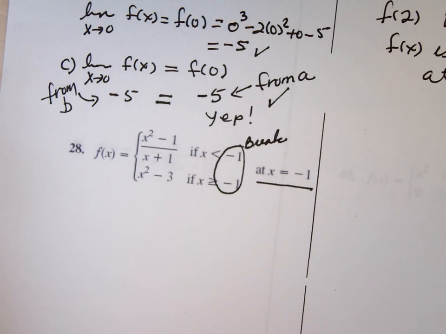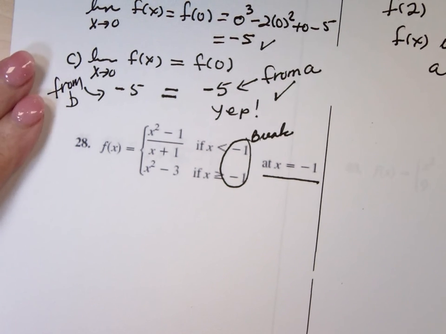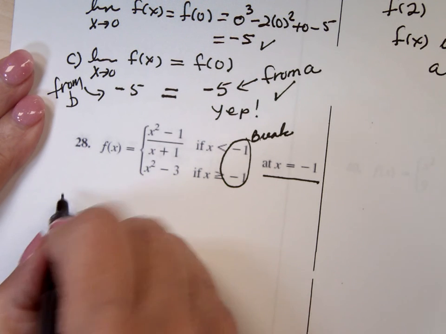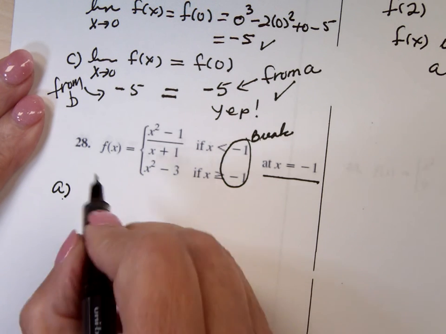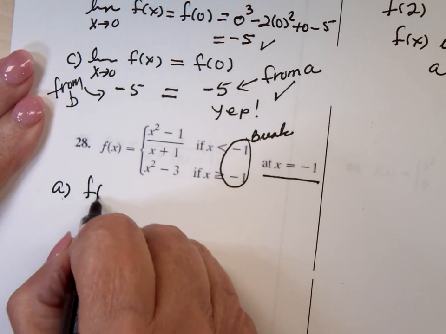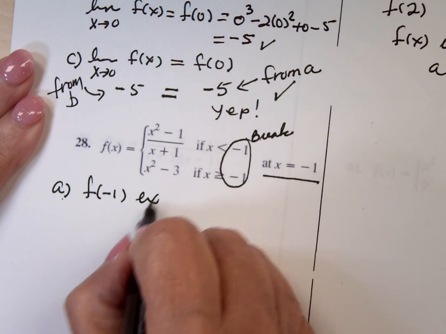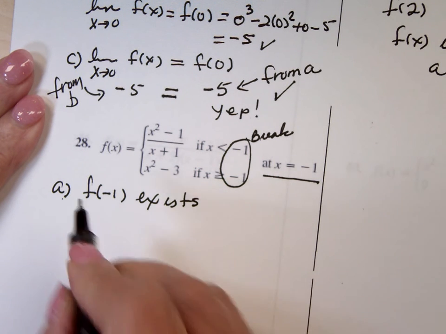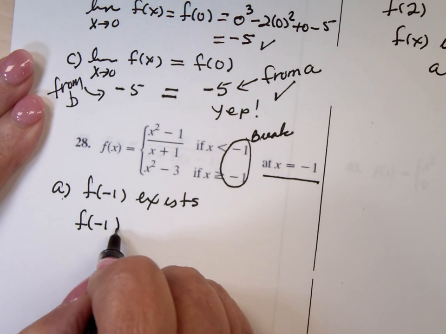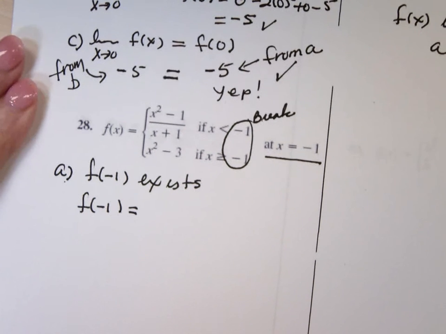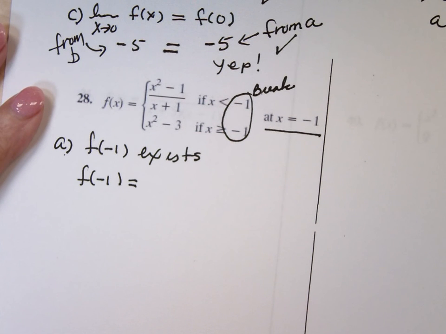Well, let's see. A. f of -1 exists. What function do I use to calculate f of -1? Which of the two? x squared plus 3.